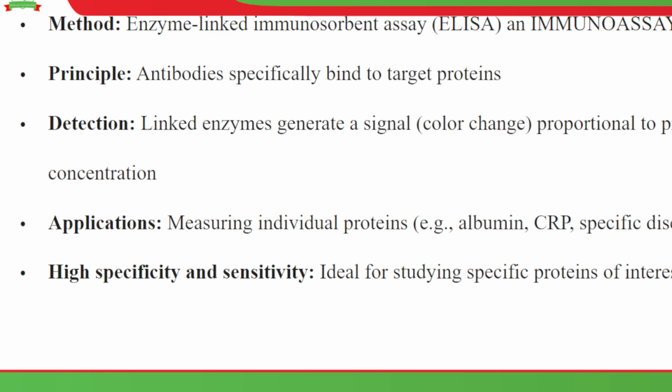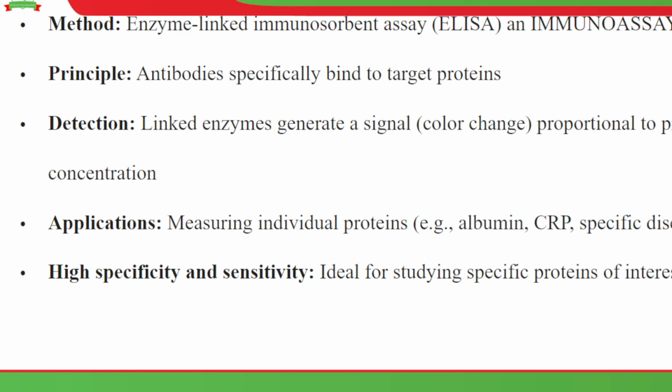Where does it apply? It is used in measuring individual proteins like albumin, C-reactive protein, which is CRP, and then specific disease markers. Some diseases have certain indicators. Biomarkers, some of these proteins are biomarkers.